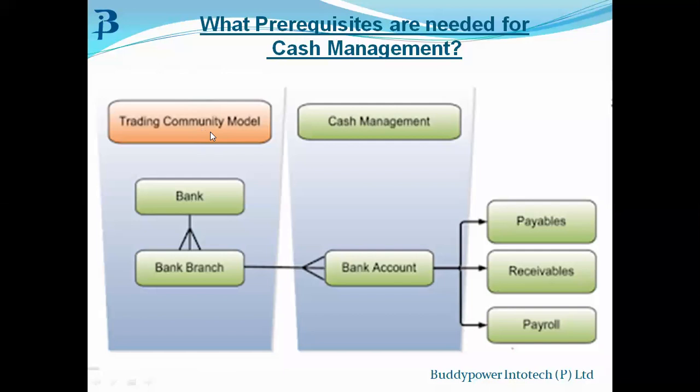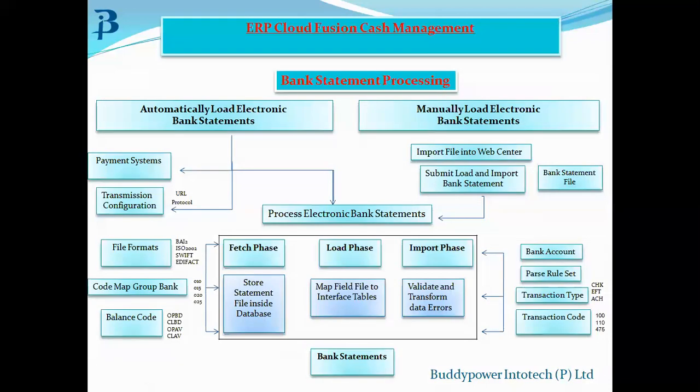Okay, we'll just move to the next slide. Here we'll see how cash management works. This is your ERP Cloud Fusion cash management, showing how you process your bank statements. Ideally, we process our customer payments, funds disbursements, and payroll electronically with banks.